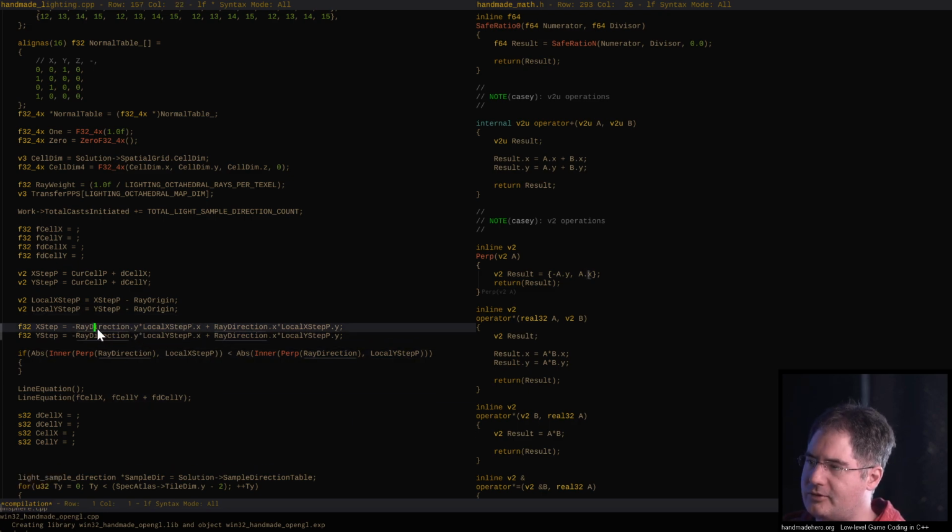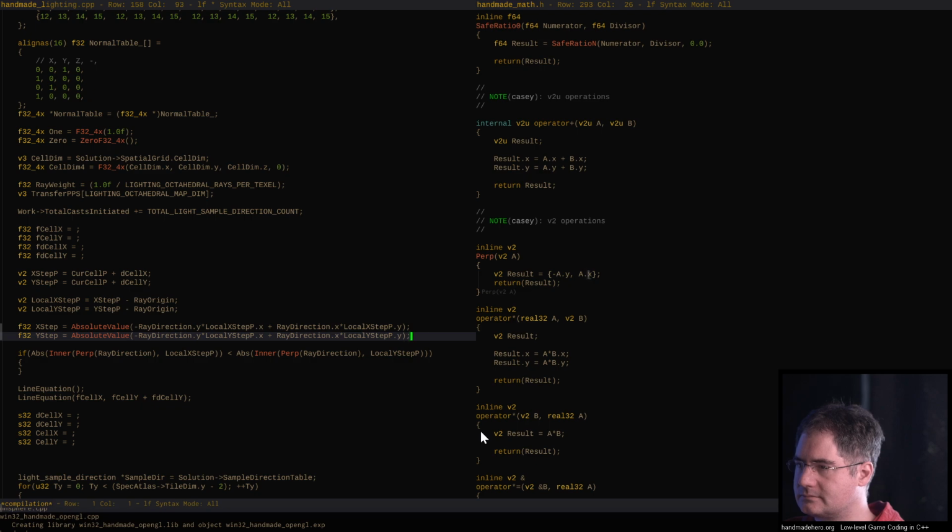We're literally just computing the difference between these two values. Comparing these two values. And they do have to be absolute valued, like so. But otherwise, they are trivial to compute.